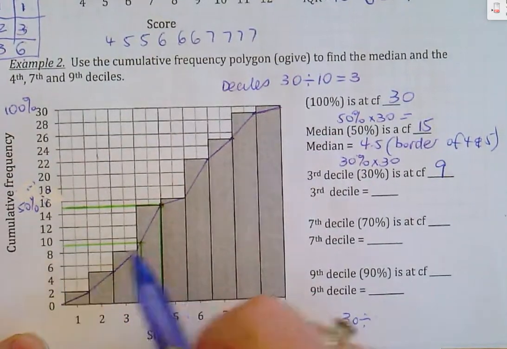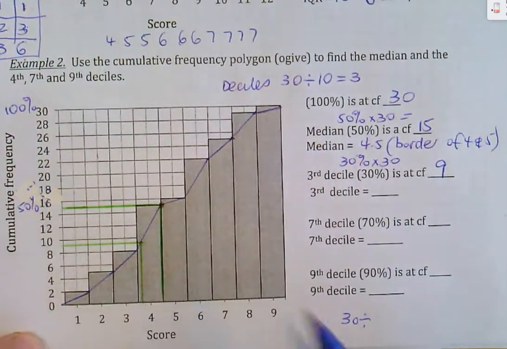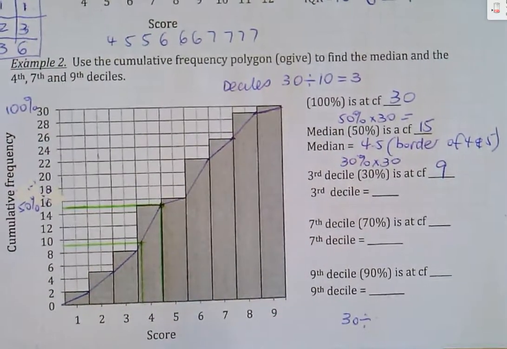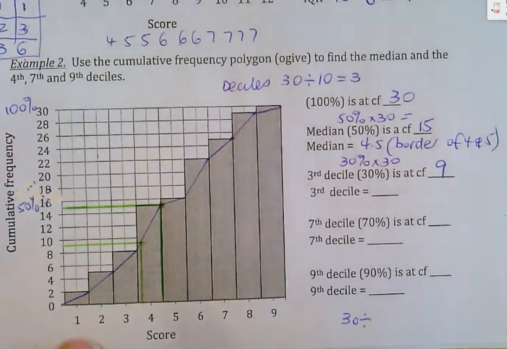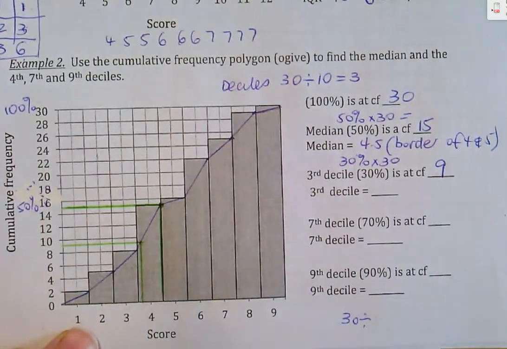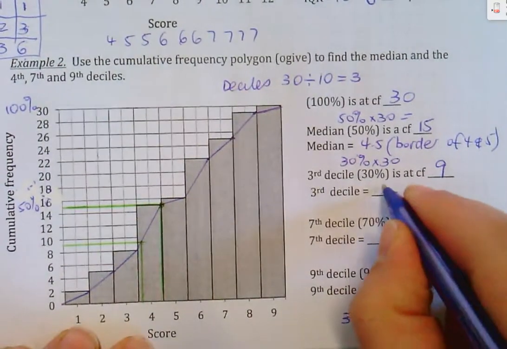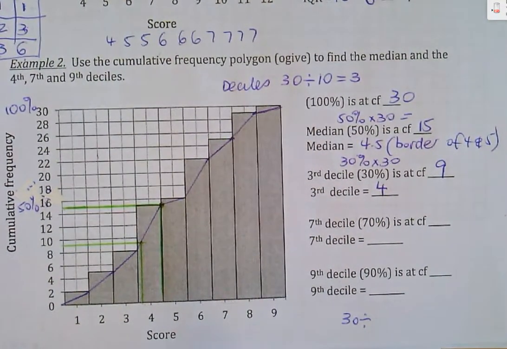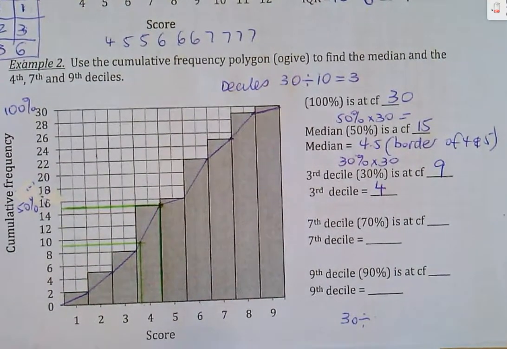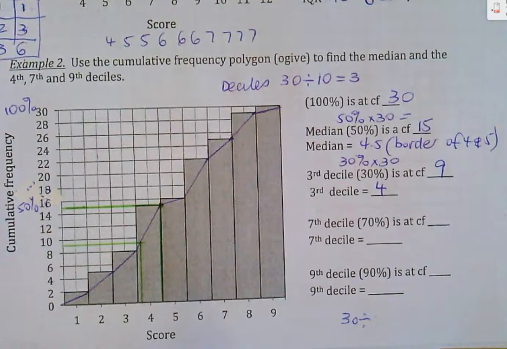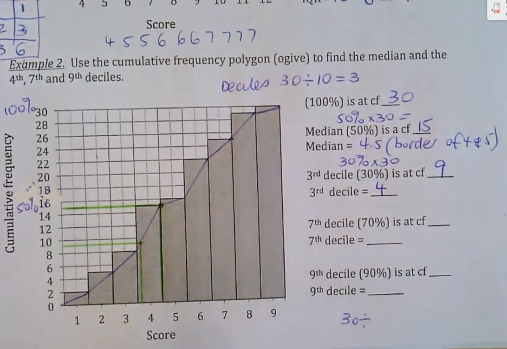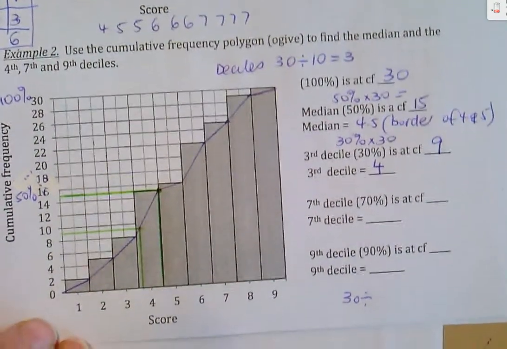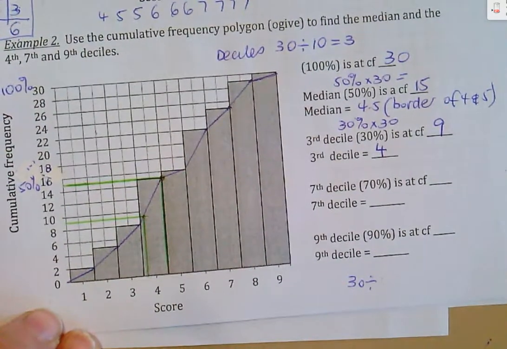When we come across at 9 and we end up in column number 4, notice I'm in column 4. Whether I end up at the beginning of column 4 or at the end of column 4, I call it 4. Now, it's going to be different over the next page. It's because this is discrete data. The scores are whole numbers. Let's say I did write this data out.